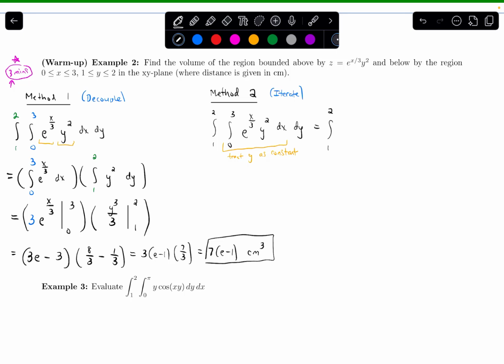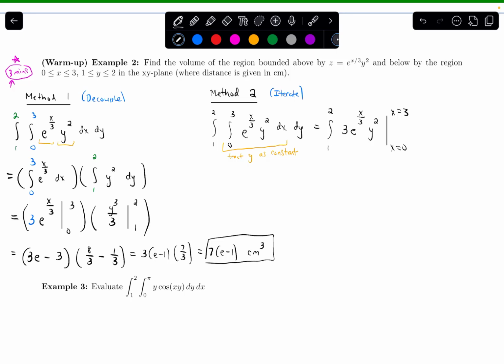I'm treating y as a constant, so this y squared will stay multiplying the antiderivative of e to the x over 3, which we just did. That's 3 e to the x over 3. And the y squared just stays multiplying it because it's like a constant. And now I'm going to plug in x equals 0 and x equals 3. I'm choosing to write these x equals just because, now when I plug in, I remember which variable to plug in for.